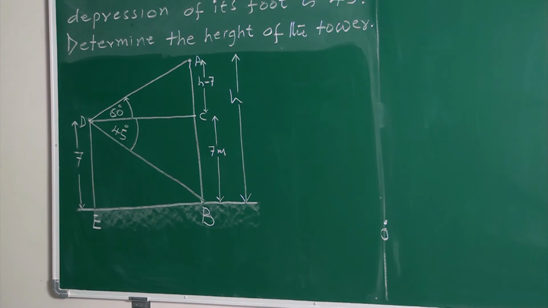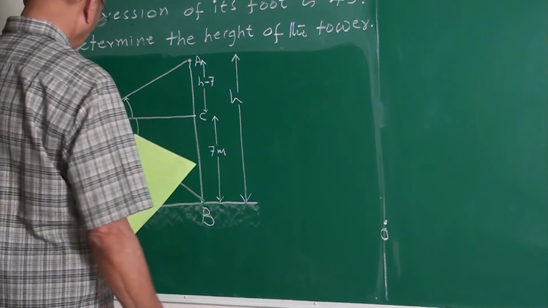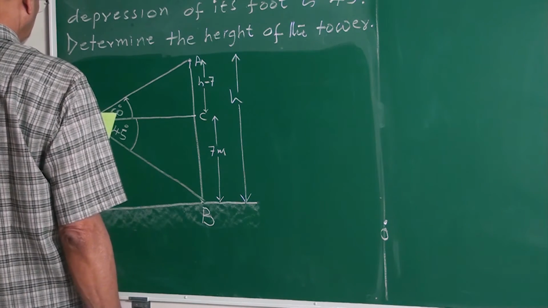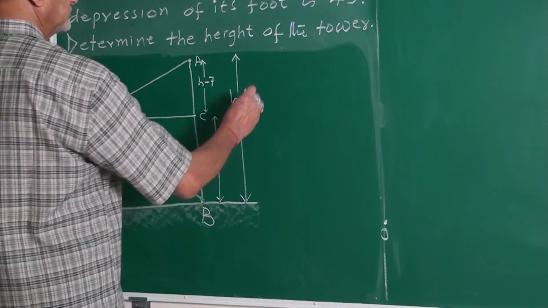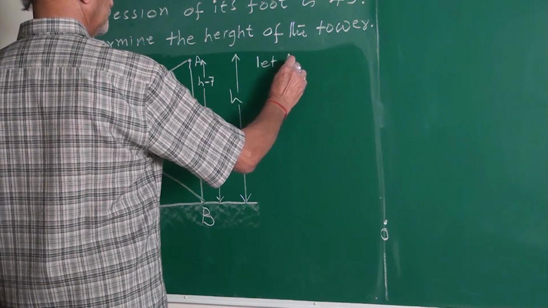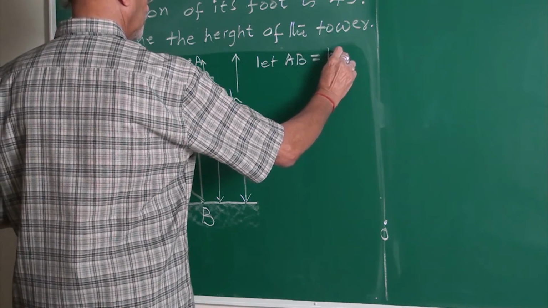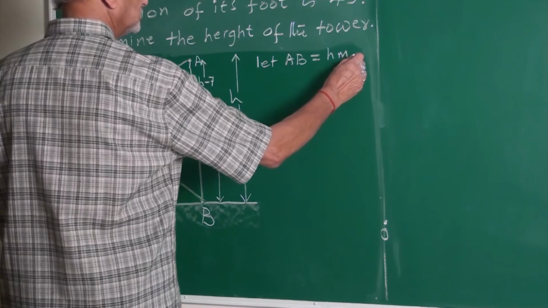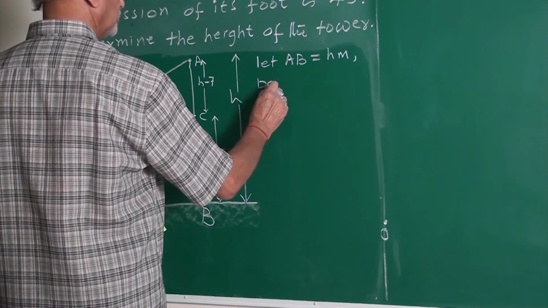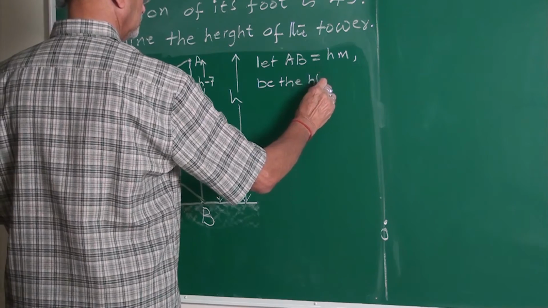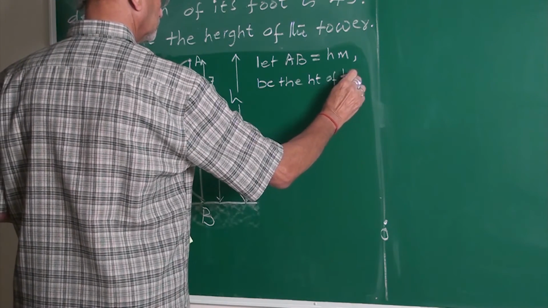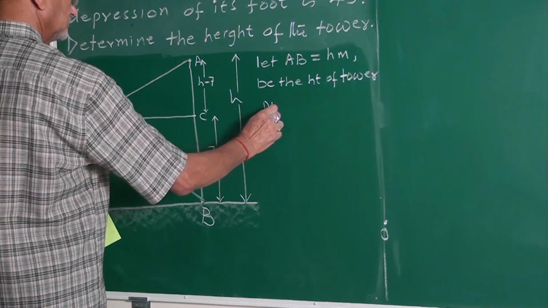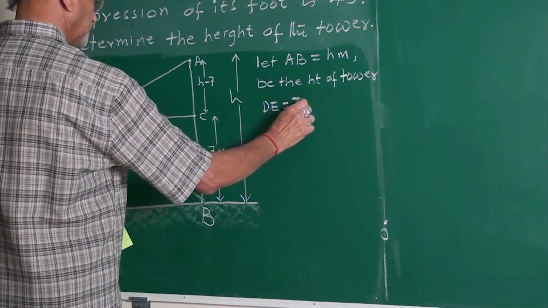Let AB equal h meters be the height of the tower. DE equals 7 meters.